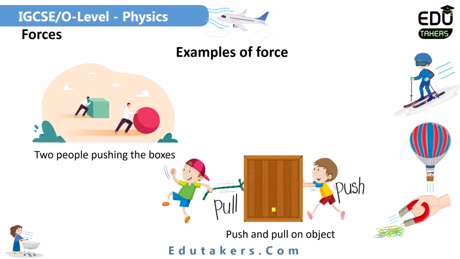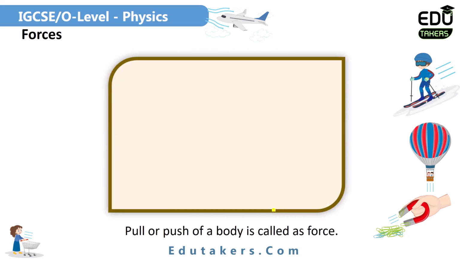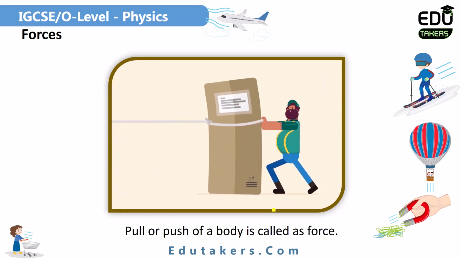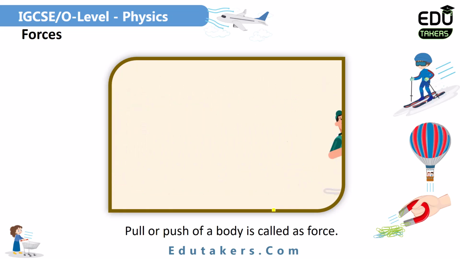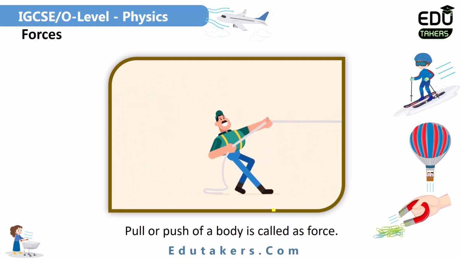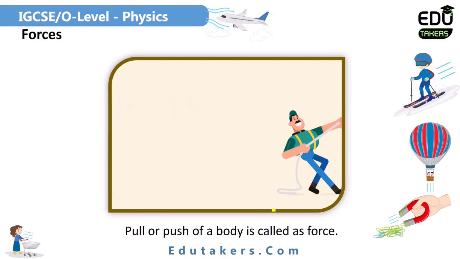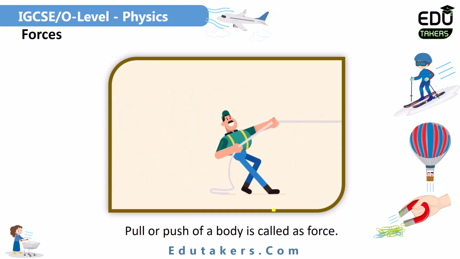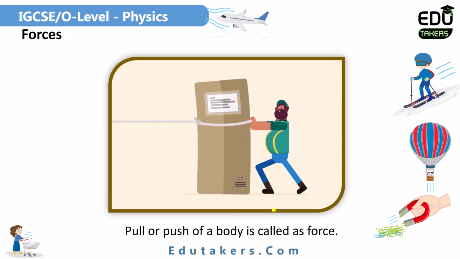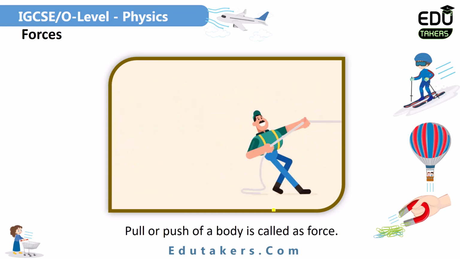Both of these kids are also applying a force on that box. Both of these are examples of forces. Here you can see that there is a person who is pulling and the other person is pushing a body. And you know that a pull or push on any object is basically called force. It means that both of these are applying a force here.